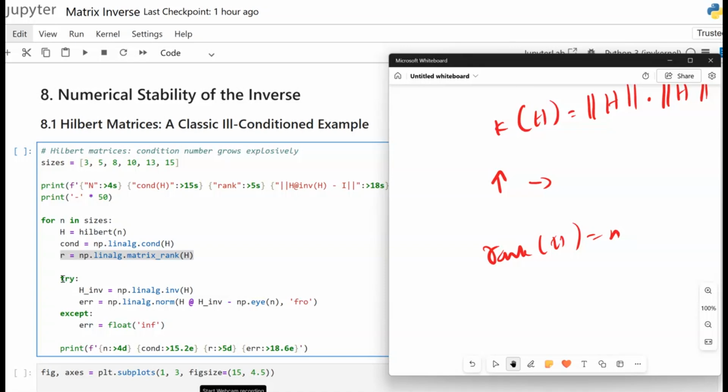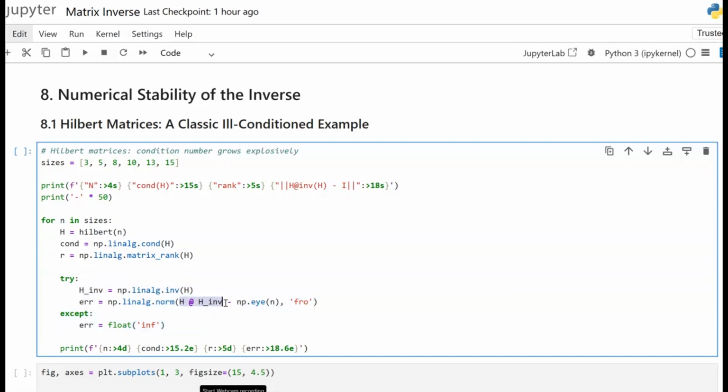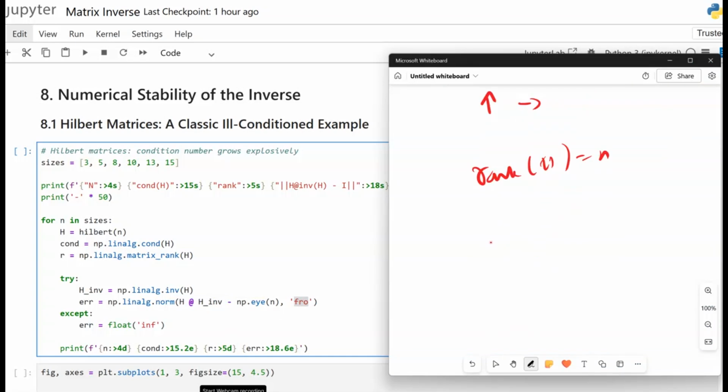Next we are going to have an inversion and error check. What it measures is this equation: H times H inverse minus the identity matrix, with a Frobenius norm. Mathematically, the Frobenius norm of H multiplied by H inverse minus I, which ideally is 0. Keep in mind that in practice it grows rapidly with the value of n.